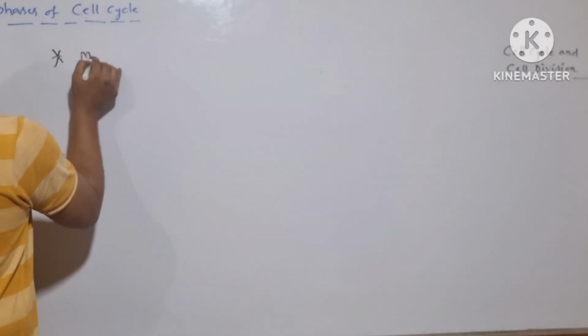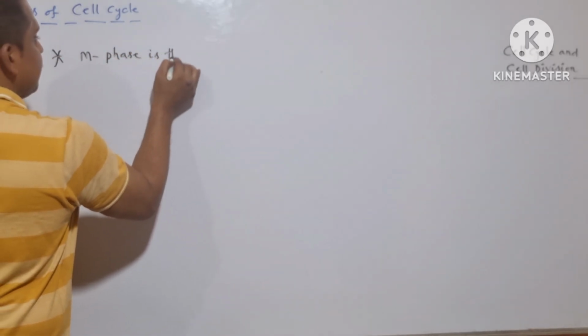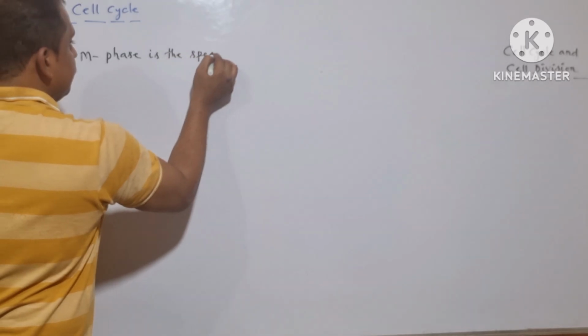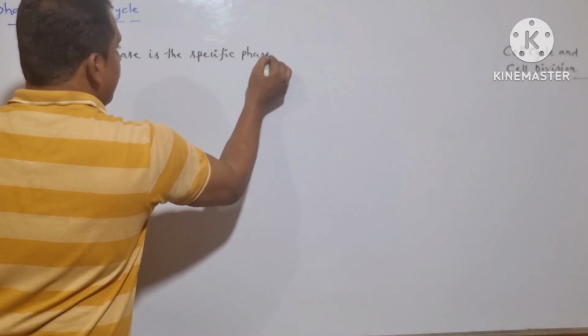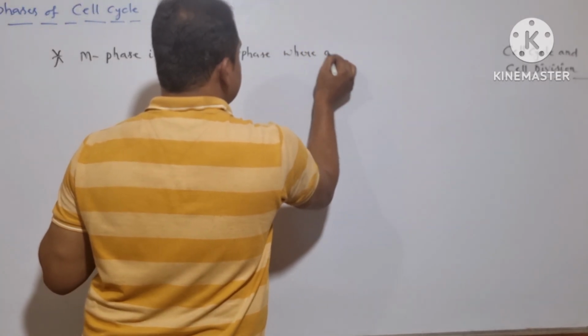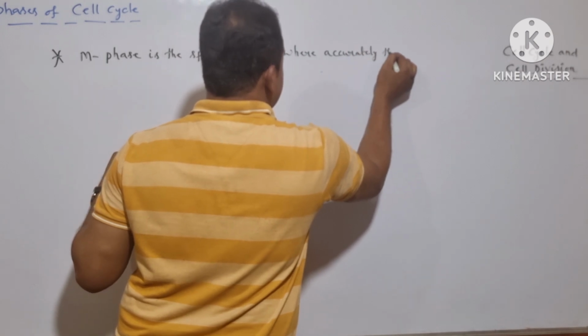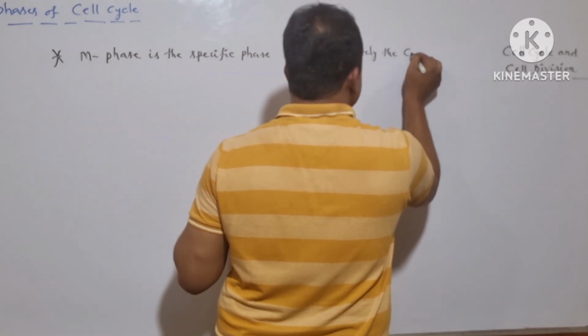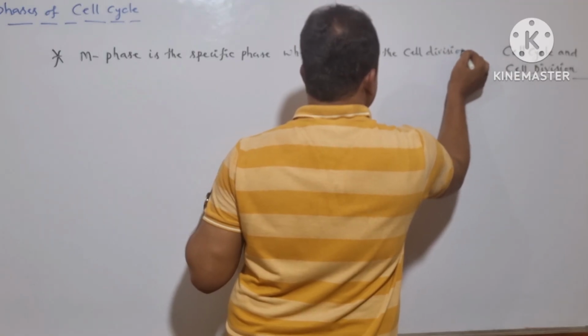M phase is the specific phase where accurately the cell division occurs.